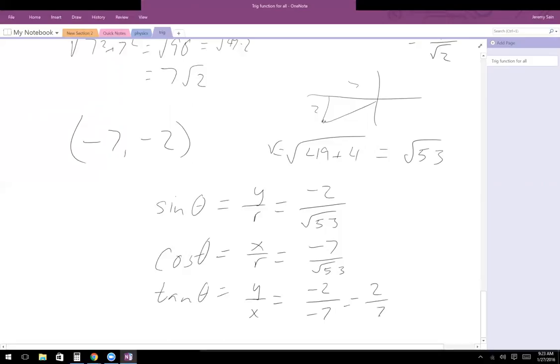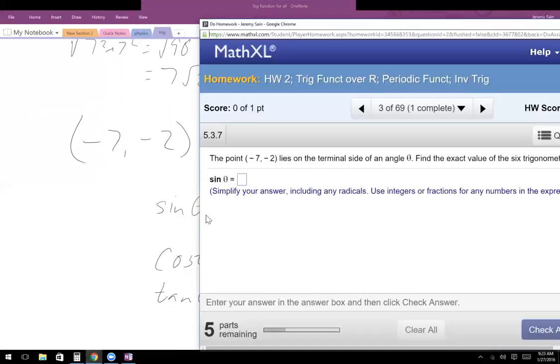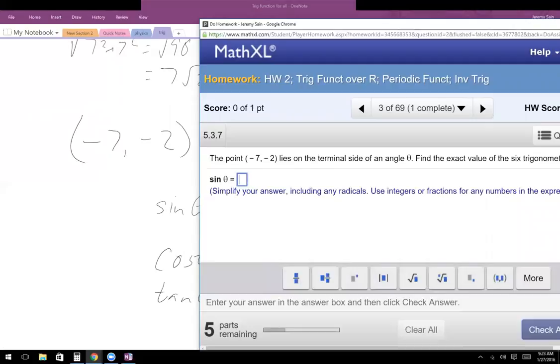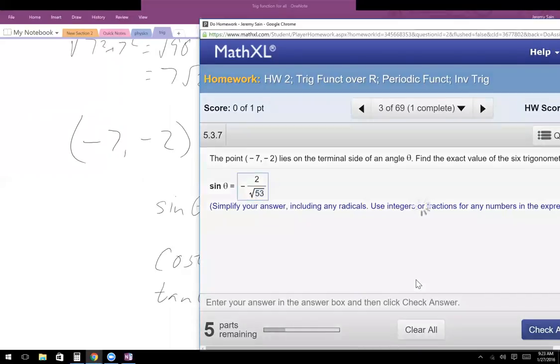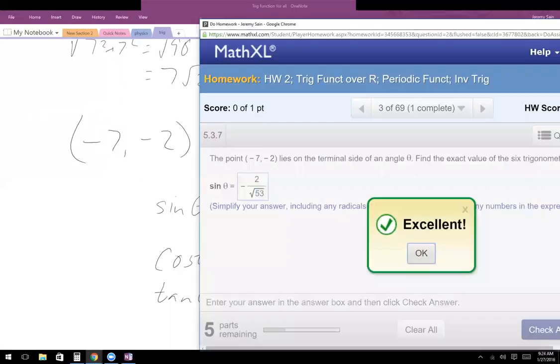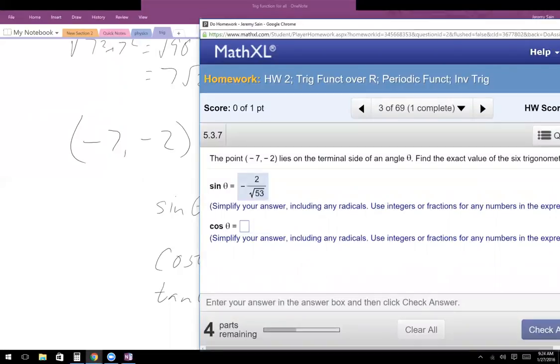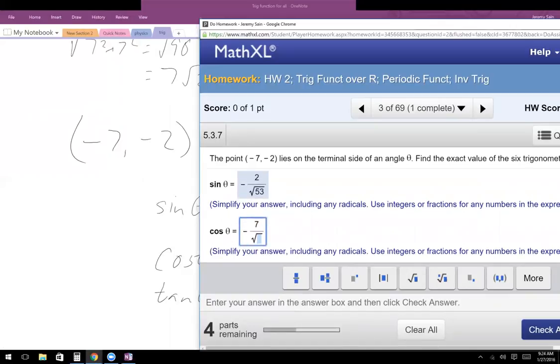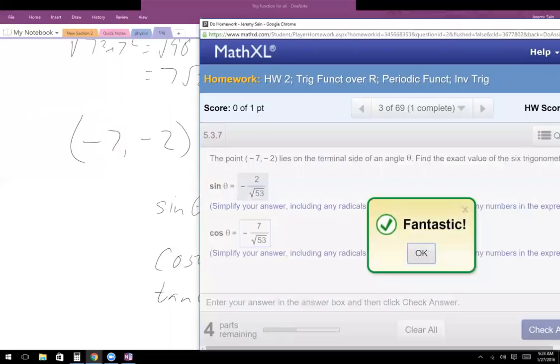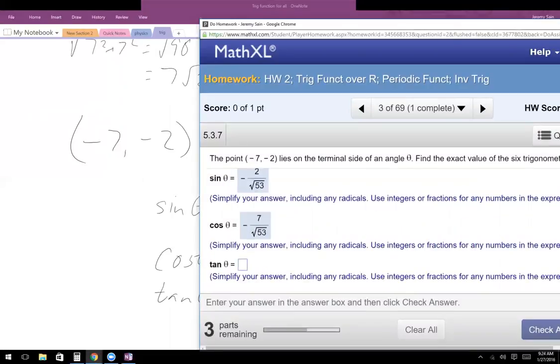So negative 2 over root 53, negative 7 over root 53, and 2 over 7. This was negative 7 over root 53. This one was 2 over 7.